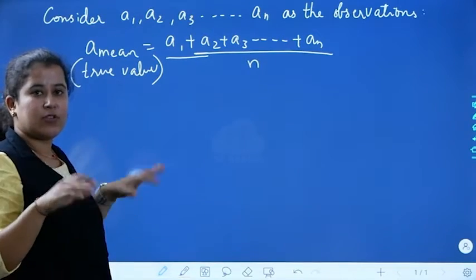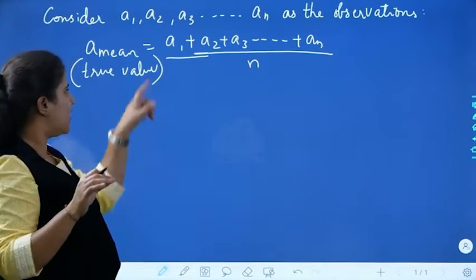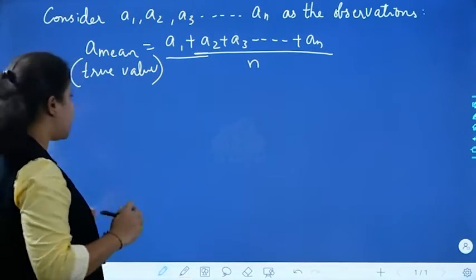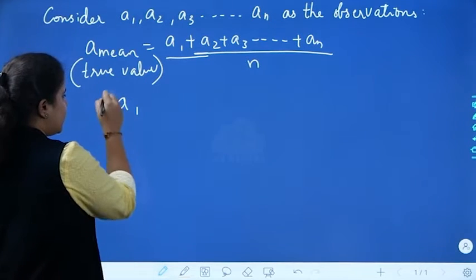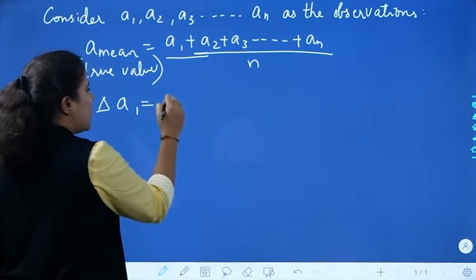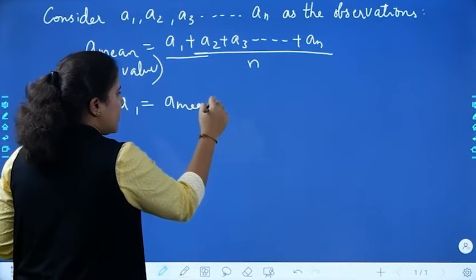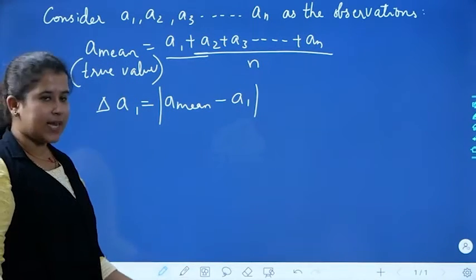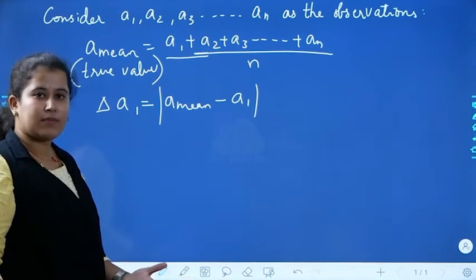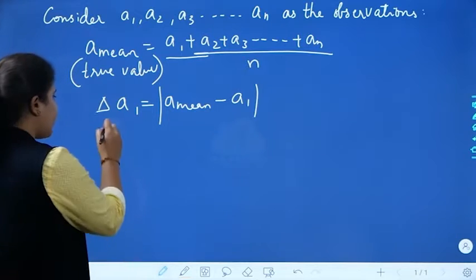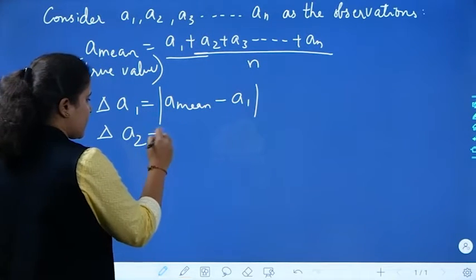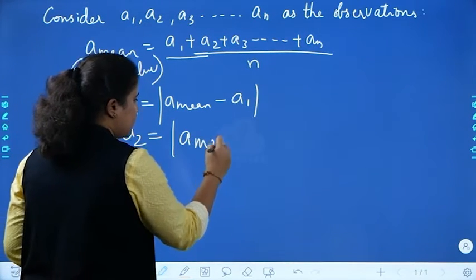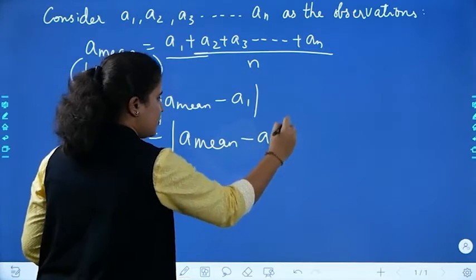Now I have to get to know the error in the first reading. So if I have to get the error in the first reading, what I'll do? It is delta A1 is equal to A mean minus A1. So A mean is considered to be a true value. A1 is the value which I have got by measuring, right? Similarly for delta A2, that is A mean minus A2.